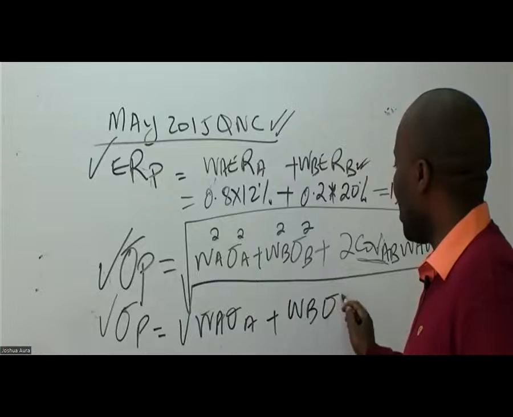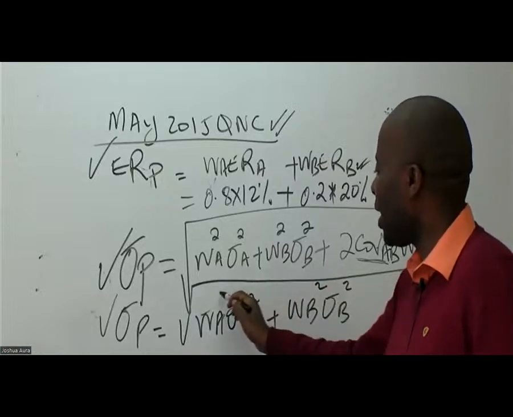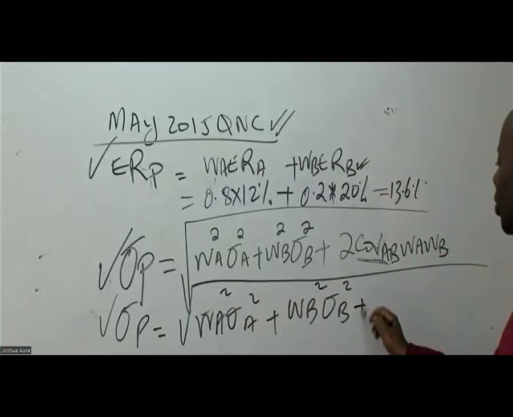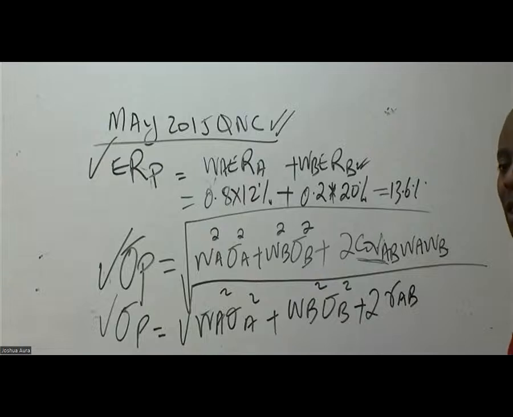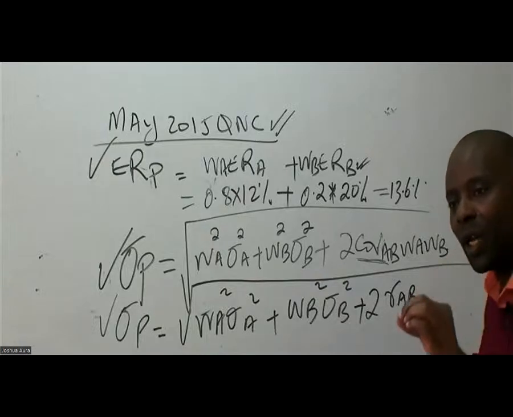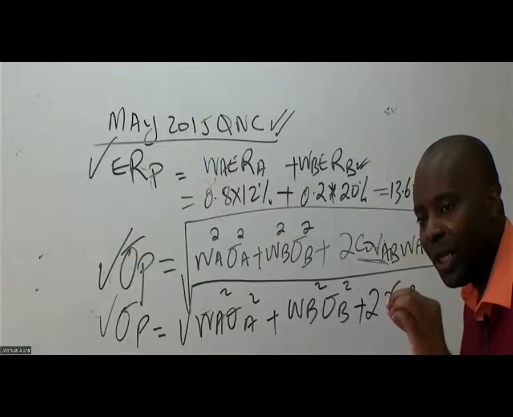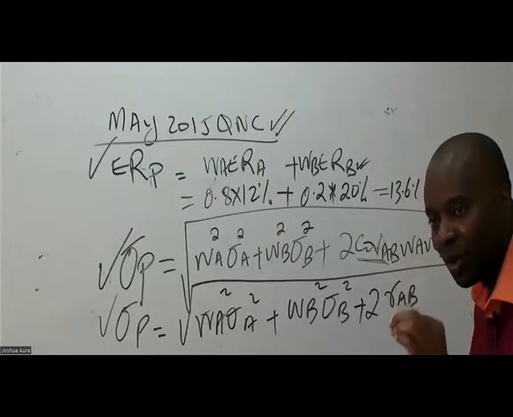Every other thing will remain the same, except that now, instead of covariance, I introduce correlation. But remember, when you introduce correlation, you must bring on the table the respective standard deviations.